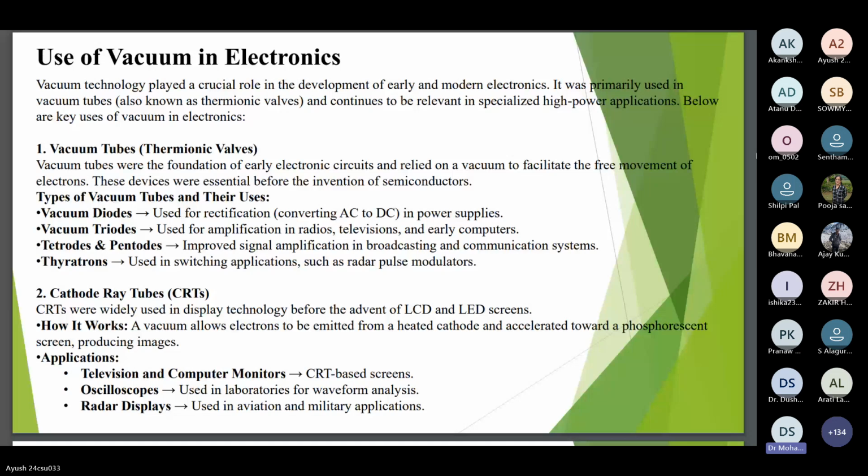That is also based on the vacuum. CRT was used in early televisions and computer monitors, and then in oscilloscopes and radar displays. Earlier the radar displays were using these CRTs.